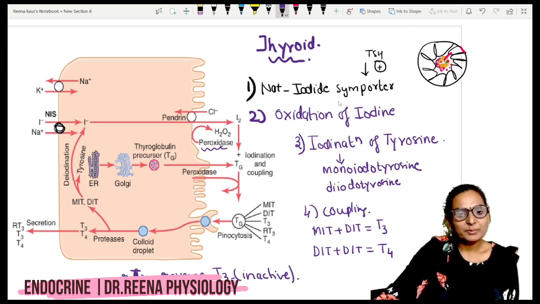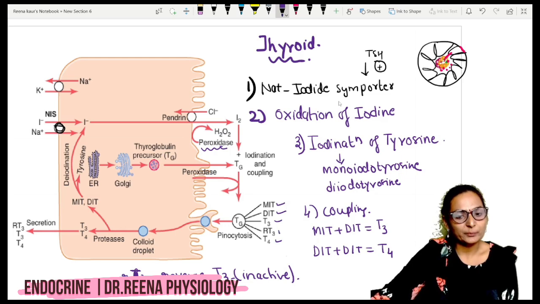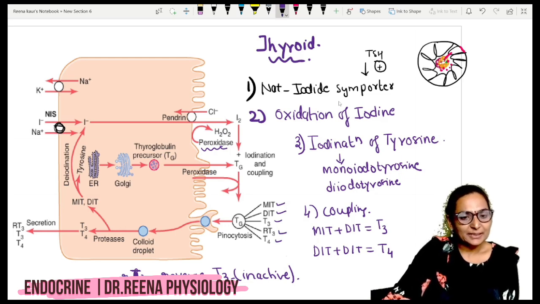Now this thyroglobulin molecule will be having all of these: monoiodotyrosine, diiodotyrosine, T3, T4, reverse T3. They will be internalized and broken down by the proteases. T3, T4 will then be released into the circulation.